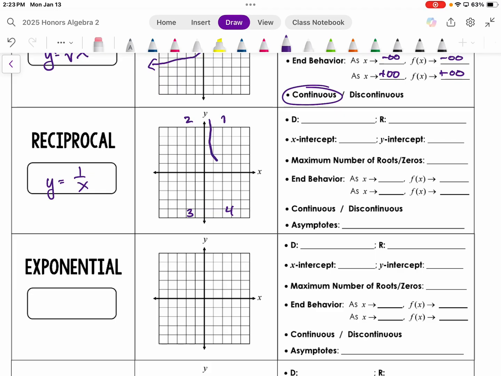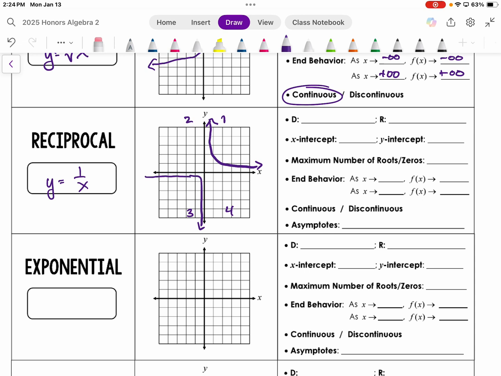In quadrant 1, it's a curve that hugs the y-axis, comes down, and then hugs the x-axis as we go out to positive infinity. And in quadrant 3, as we come in from negative infinity, it hugs the x-axis, then turns and hugs the y-axis as it goes down as we get closer to 0.